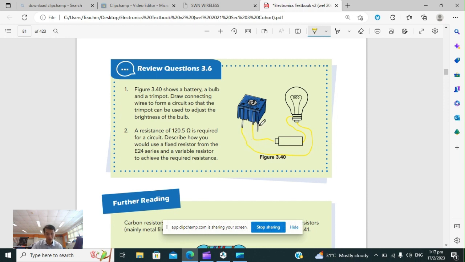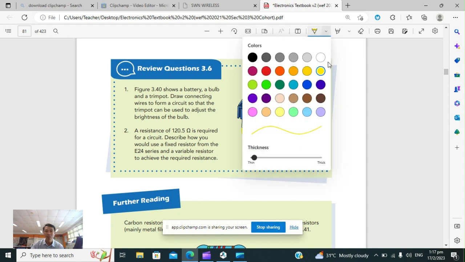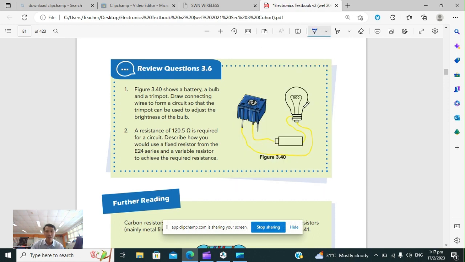So I've completed the circuit like so. But remember what I told you, it is always a good habit. So let me draw for you the flow of the current, right? So the current flows here through the variable resistor, flows here through the bulb, lights up the bulb, and then back to complete the circuit.